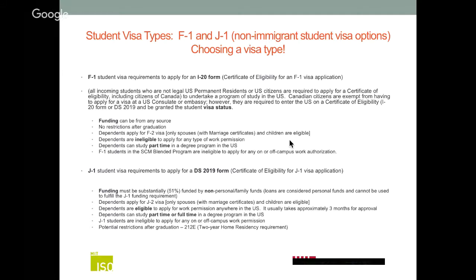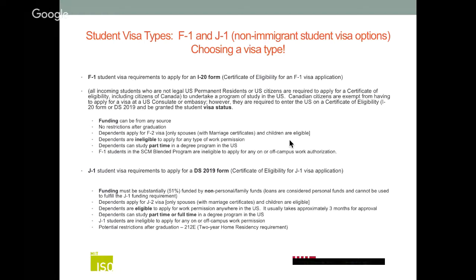There are no restrictions. And I don't know if we have any dependents, but if you have spouses, a wife, or husband, or children, they could apply for the F2 visa. We would require a marriage certificate in order to apply for the dependent I-20 form.